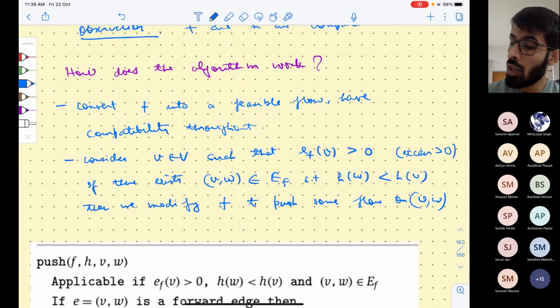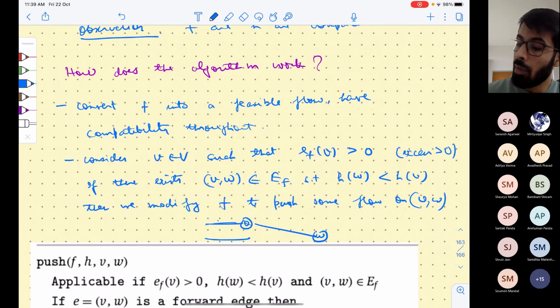So what is the idea? You have this vertex V and this vertex W, there is a height difference, and V has some excess. It has more coming in than it has going out. So then we put some flow on this, right? That is the idea.